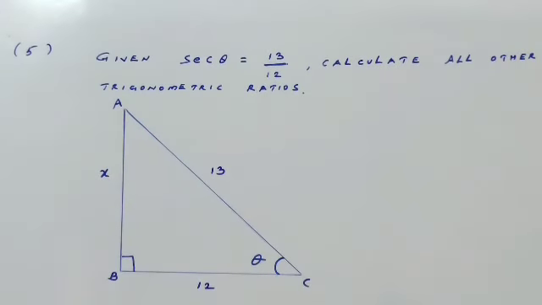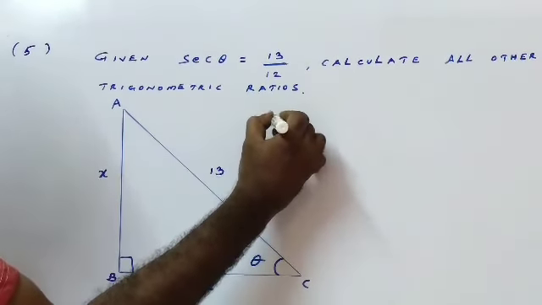So here in this question they given secant theta equal to 13 by 12. You consider cos theta first because secant theta is reciprocal of cos theta. Cos theta means adjacent side by hypotenuse side. Here adjacent side is BC, hypotenuse side is CA. So we don't know the length of the side AB. So using Pythagoras theorem, first you find the side of AB.